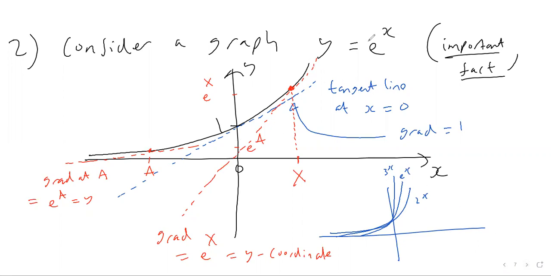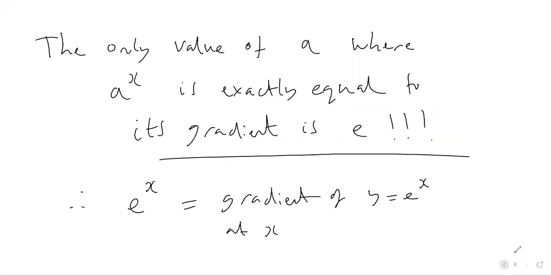Again, it's the only value that this works for. 2 doesn't work, 3 doesn't work, 5 doesn't work, e works. e is the only number that works, and we're going to use that fact a lot in the rest of A-level maths. So this was just a brief summary of what this e is, how you can define this e, and a couple of very important facts to bear in mind about this number e.